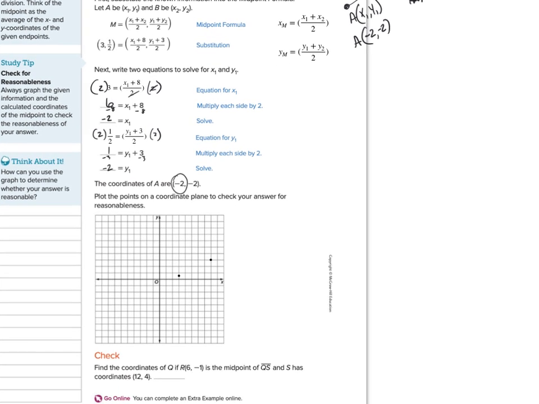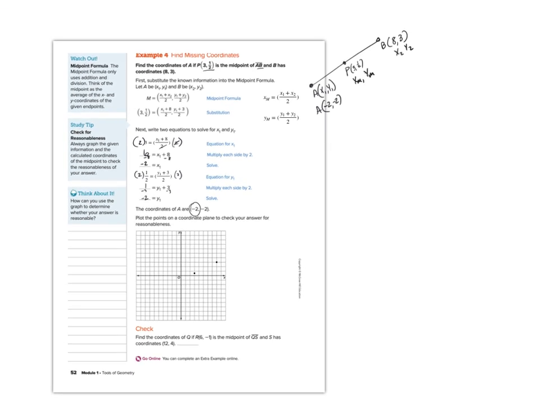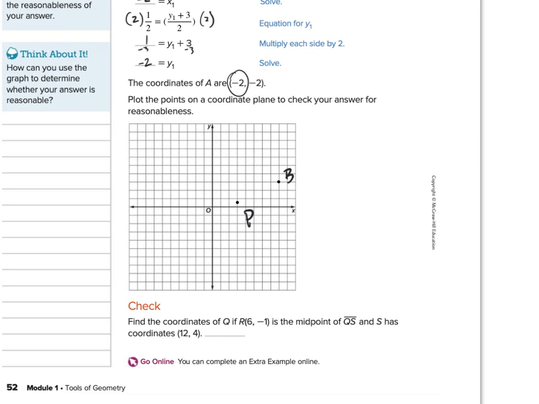plot the coordinates on the coordinate plane and check your answers for reasonableness. Okay, I went ahead and have plotted these points a little bit for you, B and P. So thinking about that reasonableness of it, that is one of my segments, and if this is my midpoint, I should extend over this direction somewhere too.